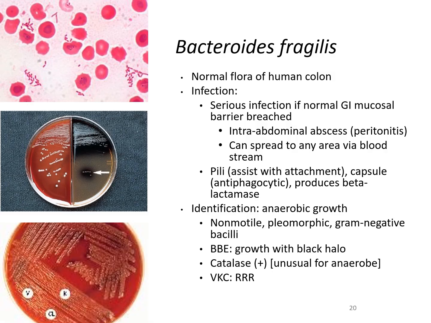Bacteroides fragilis is normal flora of the human colon. And so what this organism can do is actually cause infections if the normal mucosa of the GI tract is breached in some way. Then it can actually cause this infection to spread throughout the abdominal cavity. And so you would have things like intra-abdominal abscesses or peritonitis.